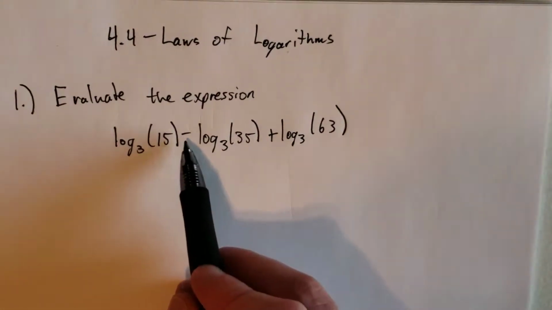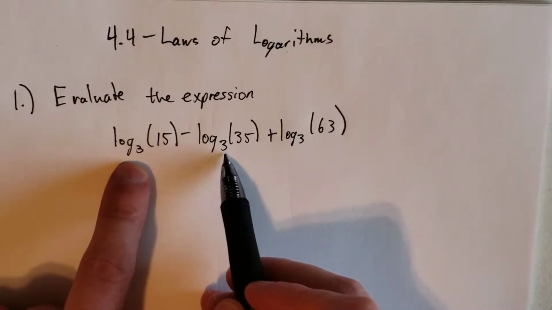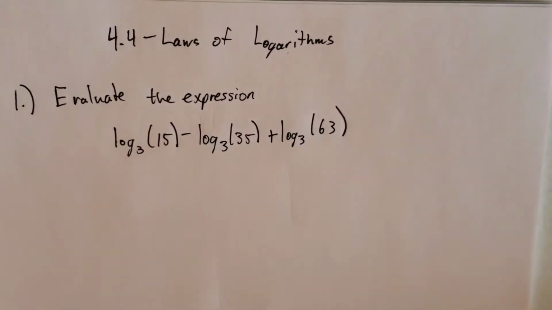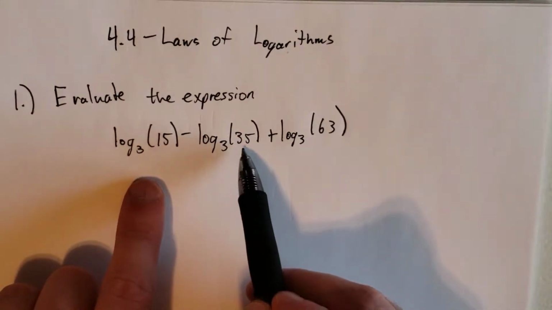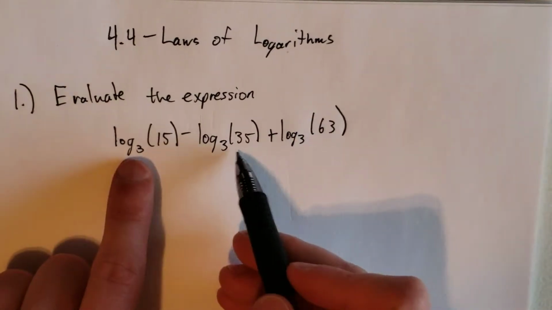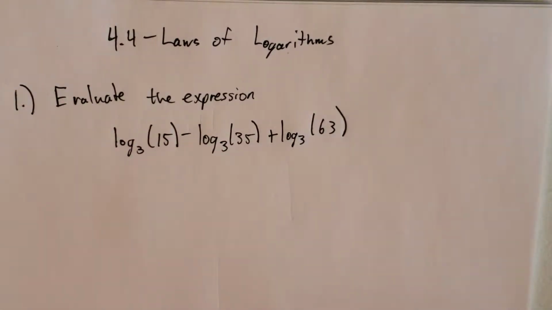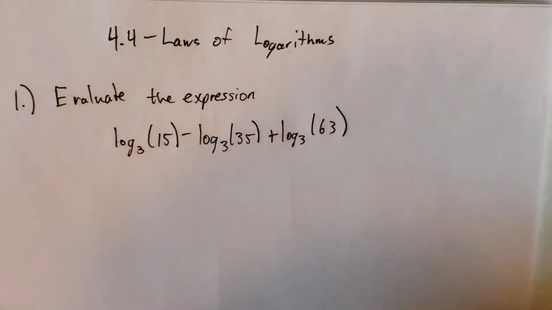Well, when we have two separate logarithms with the same base and there's a subtraction in between, that negative means that this 35 is going to be in the denominator if we combine these expressions. Anytime we see a plus, that means to multiply.